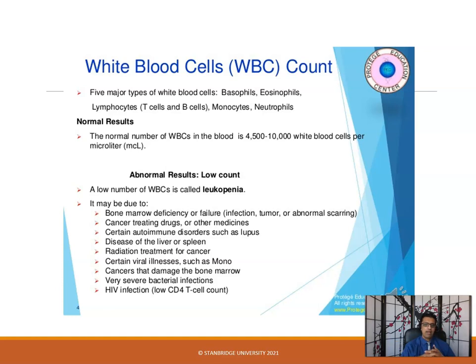Abnormal results: a low number of white blood cells is called leukopenia. It may be due to bone marrow deficiency or failure, cancer-treating drugs, certain autoimmune disorders such as lupus, diseases of the liver or spleen, radiation treatment, certain viral illnesses, cancers that damage the bone marrow, severe bacterial infections, and HIV.